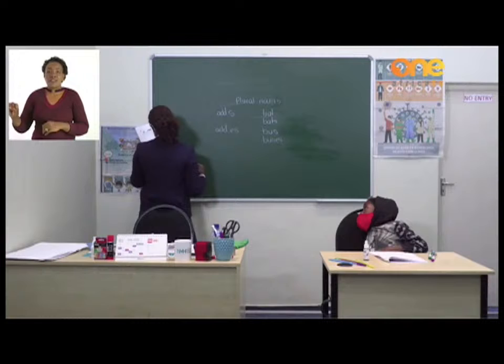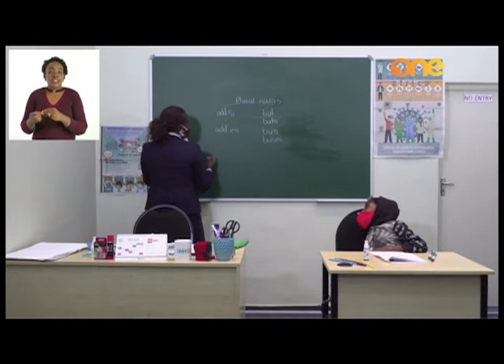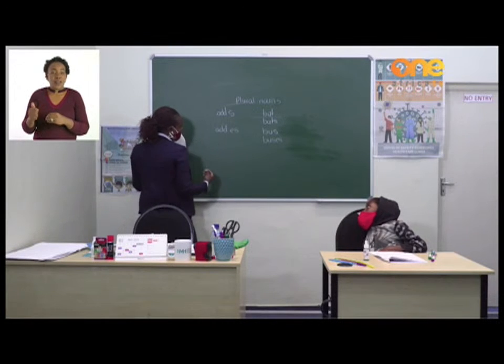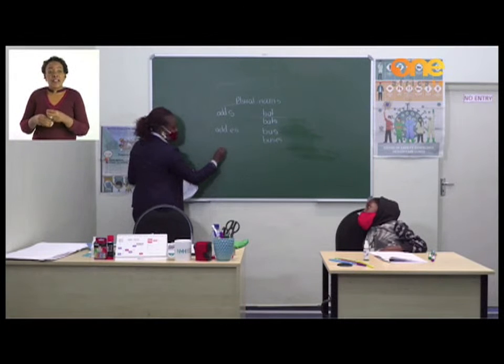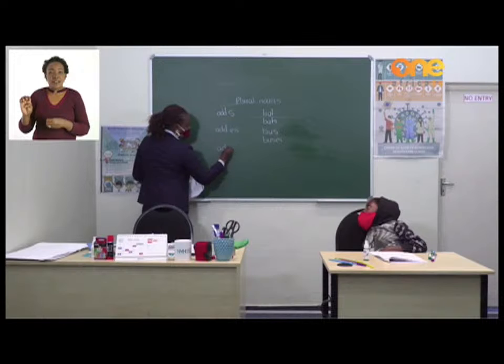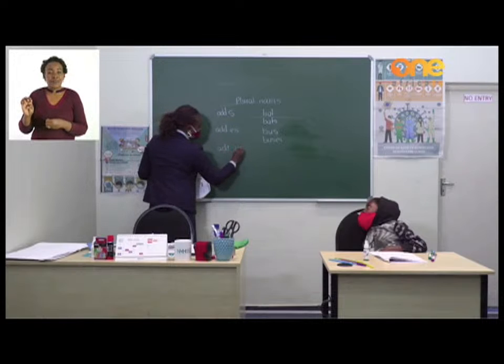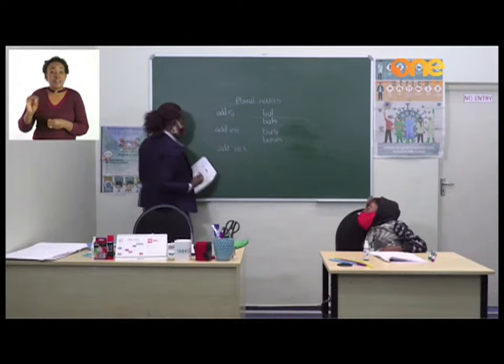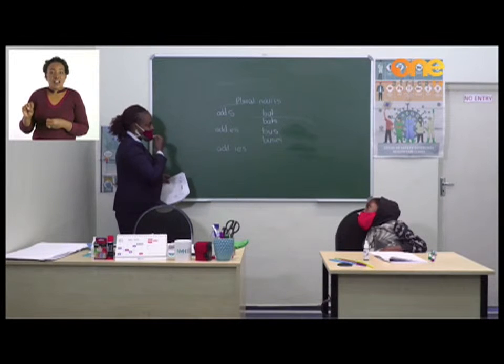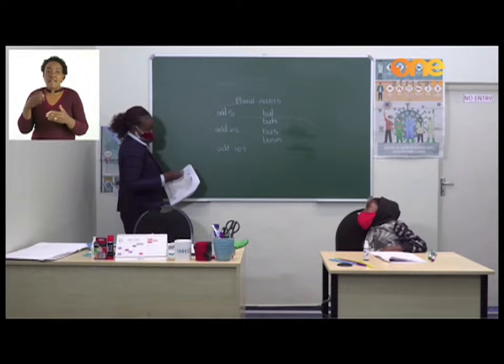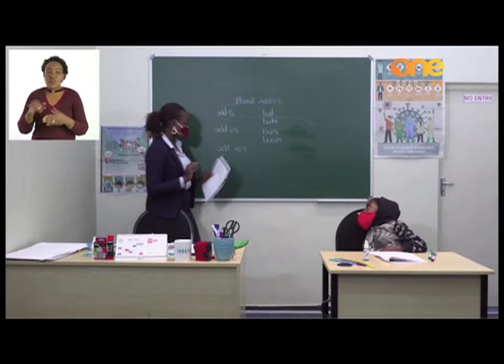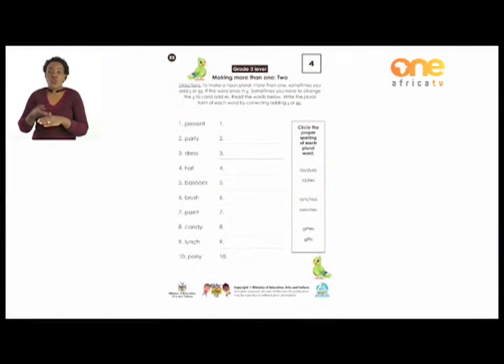Okay? Then we go to some nouns where you must add IES. Especially to those nouns ending with Y. I'm going to give one example. We have berry. Okay?